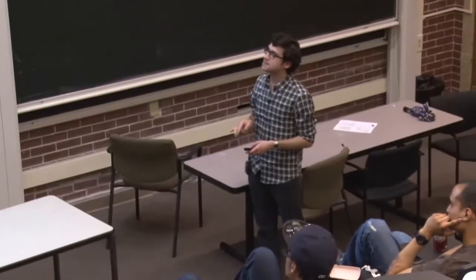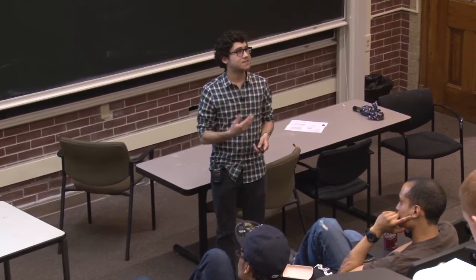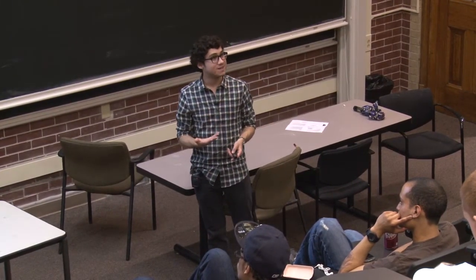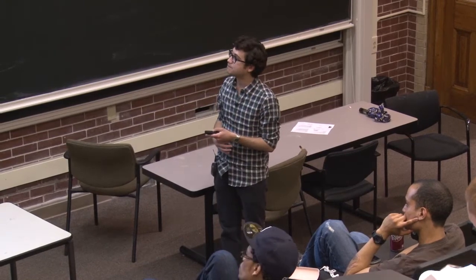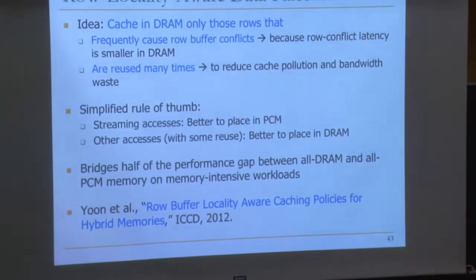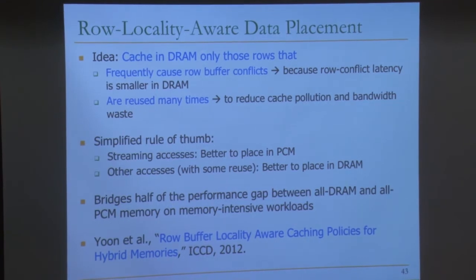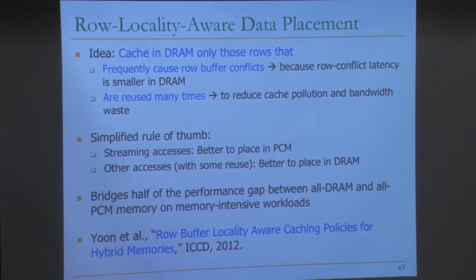For other accesses that have some reuse, let's cache those in DRAM, and we can hopefully access them a lot more quickly than if we were accessing them from PCM. And what we'll see is this can actually bridge half of the performance gap between all DRAM and all PCM memory for memory-intensive workloads. Now, half the gap is actually pretty nice, because remember, PCM is many times slower than DRAM in some cases. So we're getting pretty close.